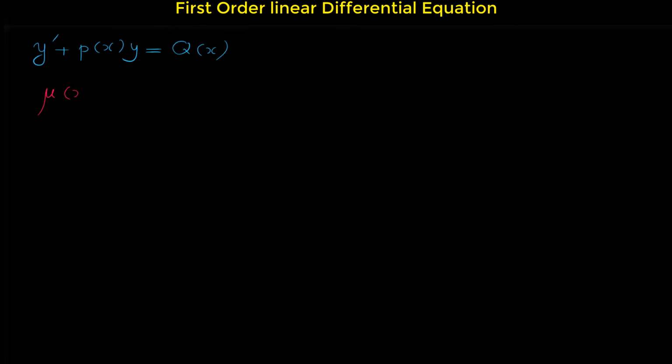Usually, we show the integrating factor with mu of x, and it equals e to the power of integral of p of x dx, where p of x is the coefficient of y in the equation.